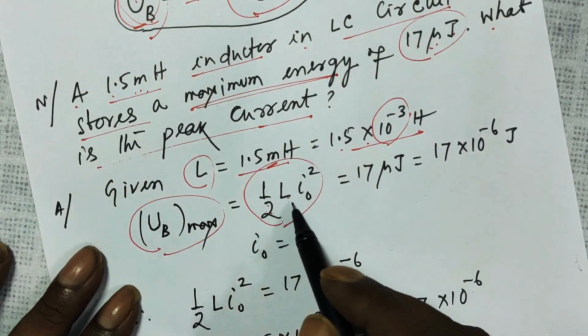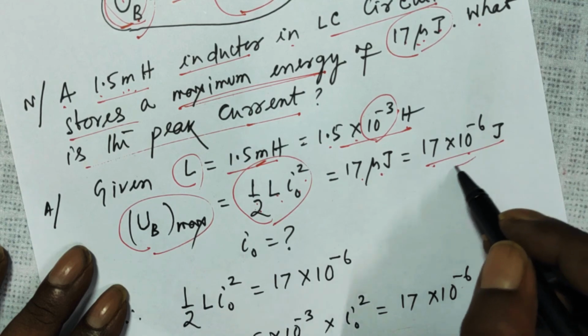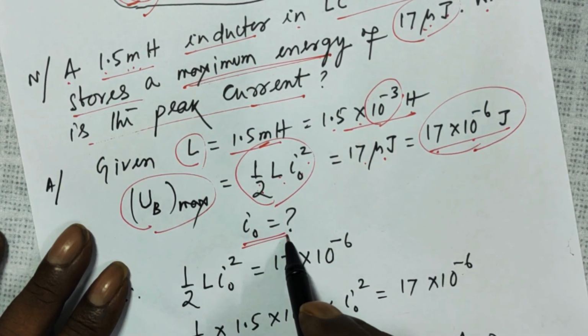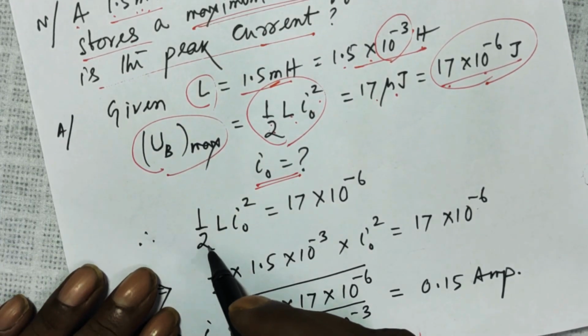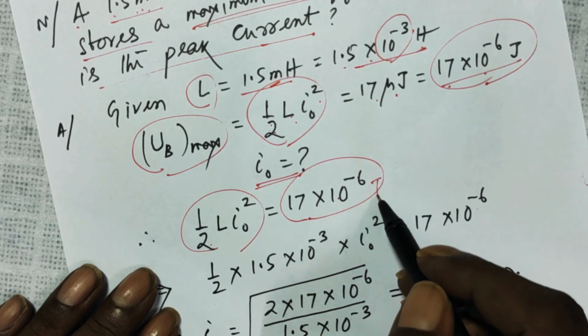So half L I naught square is equal to 17 microjoule, that is 17 into 10 to the power minus 6 joule. Then what is to be found out is I naught. So just substitute: half Li square is 17 into 10 to the power minus 6 joule.